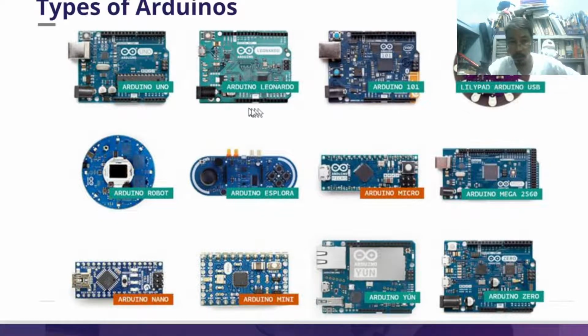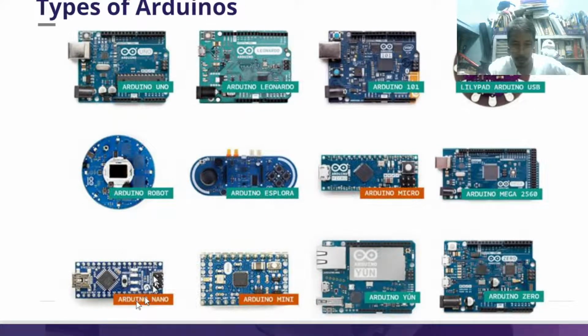We have Arduino Leonardo. We have Arduino 101. We have LilyPad. There are several ports, USB. We have Arduino Robot. We have Arduino Explora. Arduino Micro is smaller than Arduino Uno. It is almost the same as the Arduino Nano.